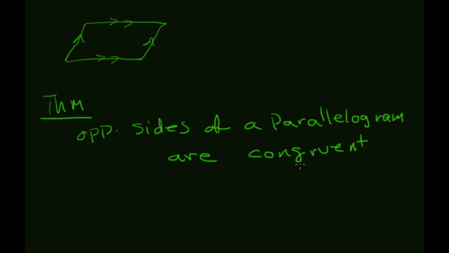Okay, so we're going to prove this, that the opposite sides of the parallelogram are in fact congruent. Okay, so let's start with a little drawing here. We're going to make a parallelogram to work with. We'll put it up here.